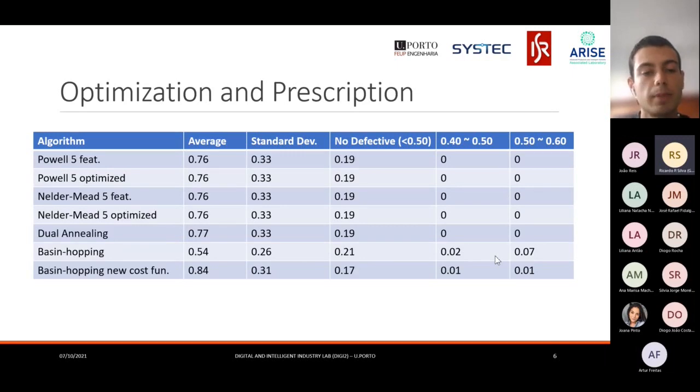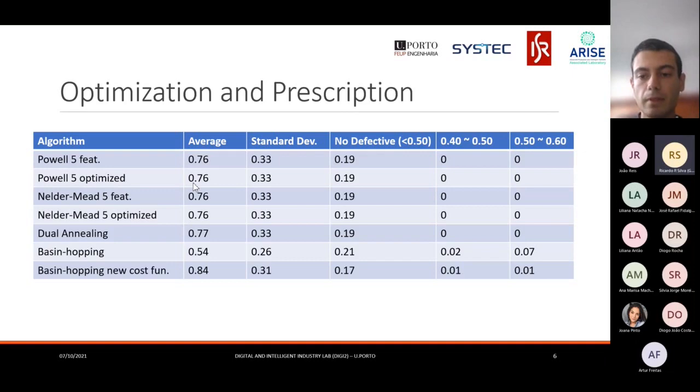So as I said, we applied this strategy using 2 local optimization algorithms. We used Powell and Nelder-Mead. But as you can see in this table, comparing the rows from the 5 features and 5 optimized with Powell and Nelder-Mead, the results are the same.